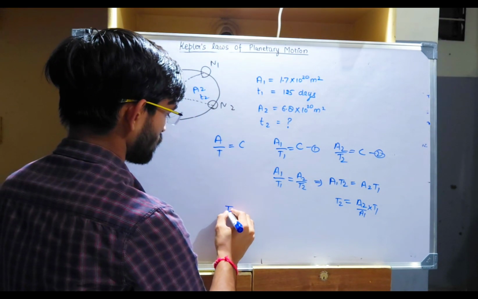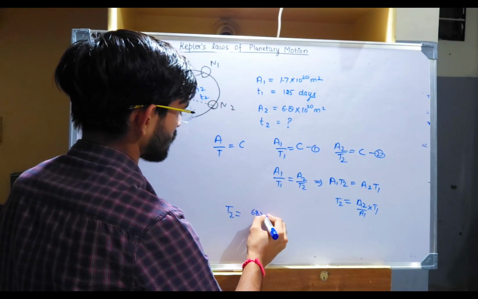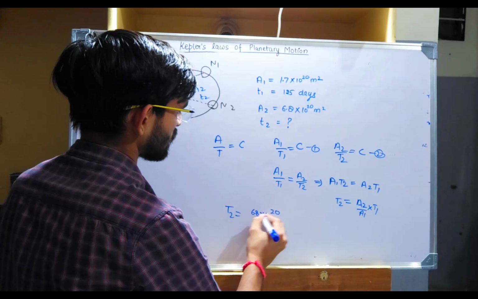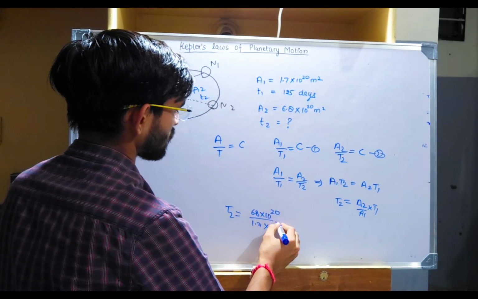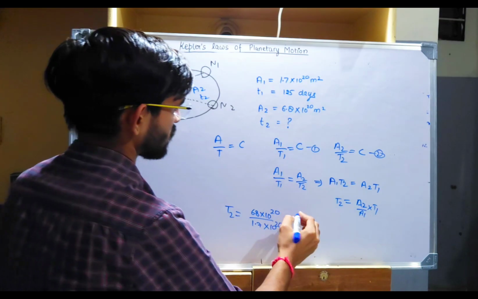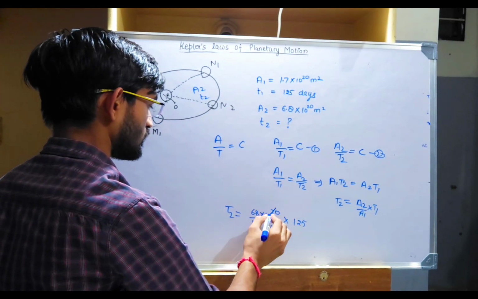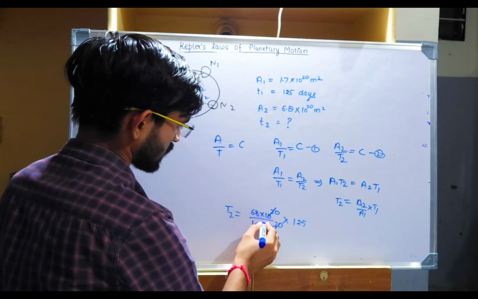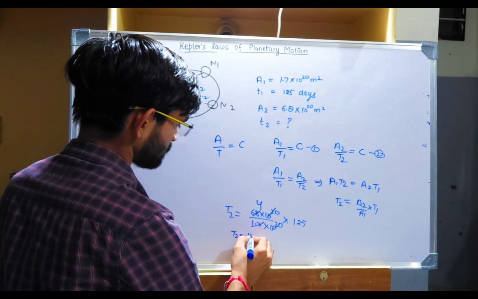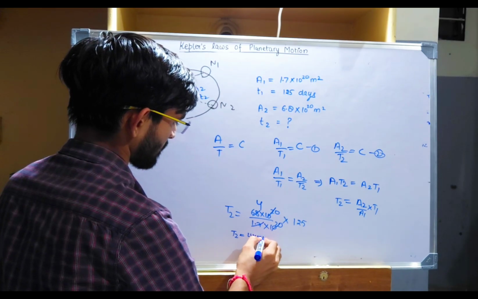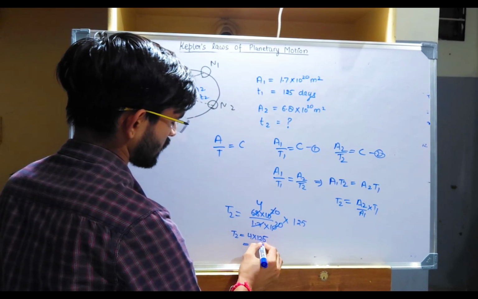So T2 will be 6.8 into 10 raised to power 20 upon 1.7 into 10 raised to power 20, into T1 which is 125. 10 raised to power 20 and 10 raised to 20 cancel out and this is 4. So we got 500 days.